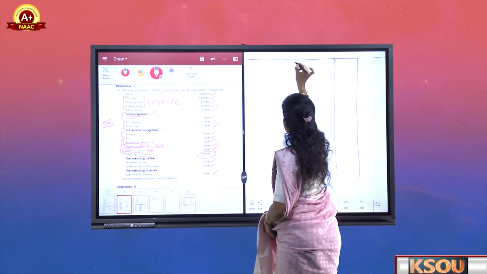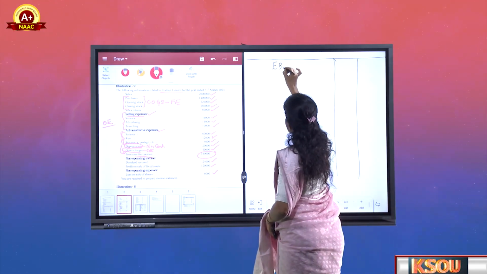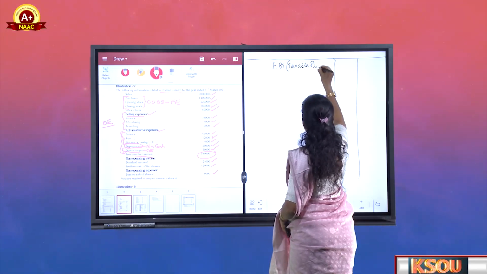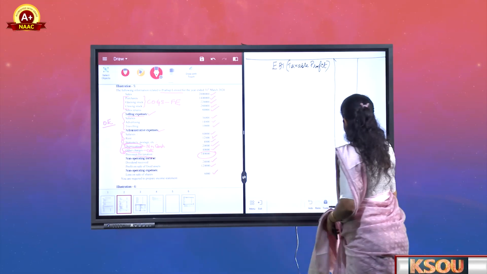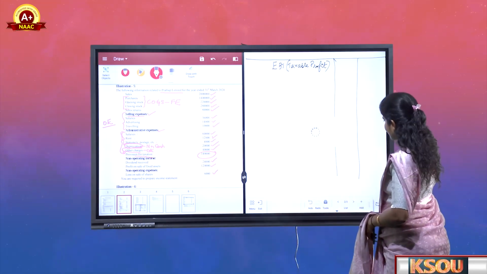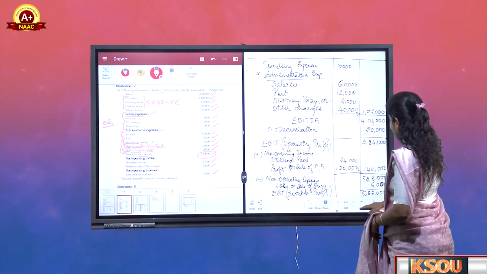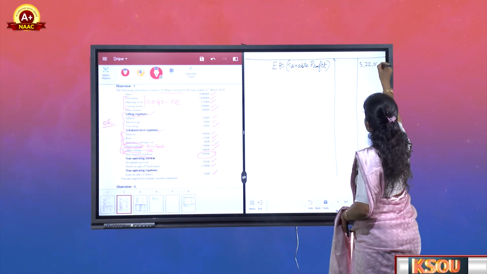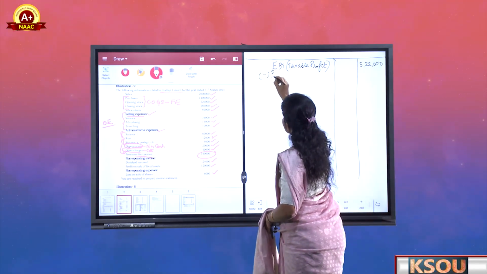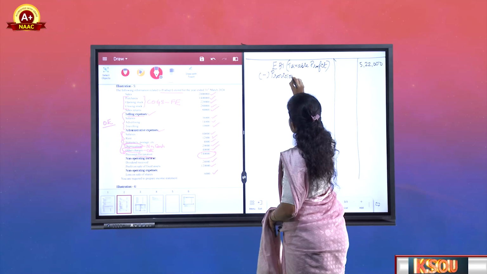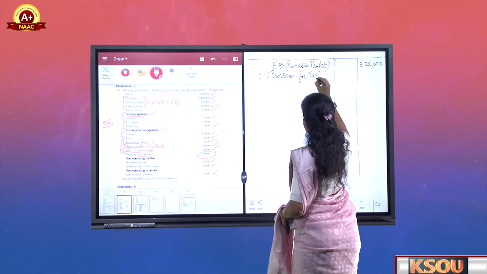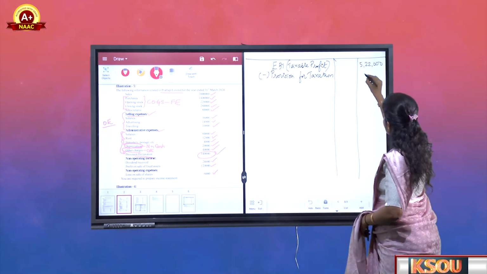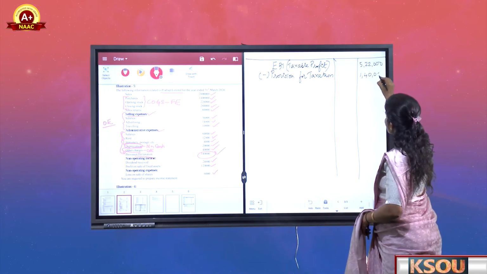Okay, so let me write that. EBT is nothing but taxable profit. The amount of taxable profit which we have calculated is 5,22,000. Now 5,22,000 minus provision for taxation, which is 1,40,000.